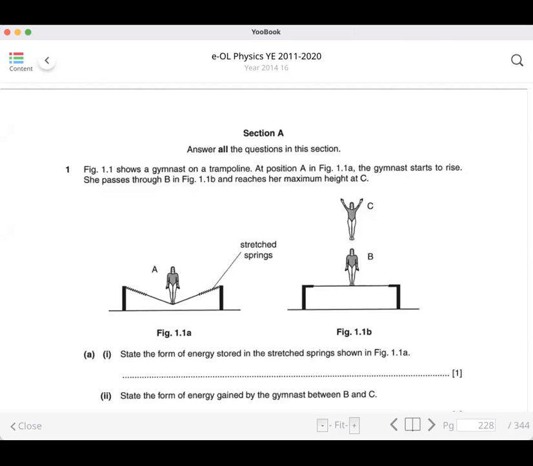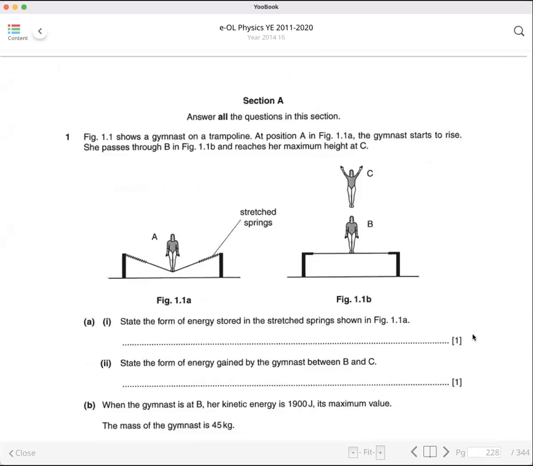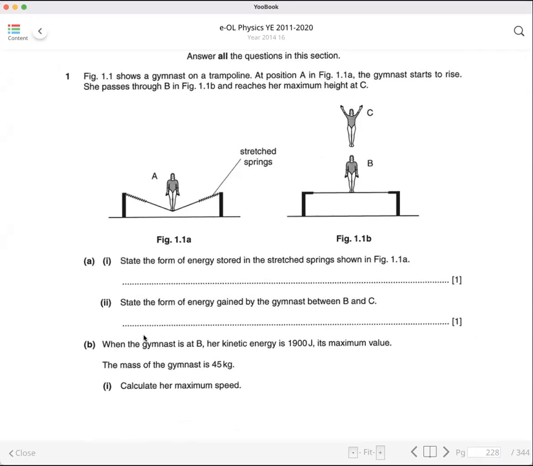Okay, quickly look at this paper. Can you quickly tell me A1, A2, and then B1? Okay, quickly do the question now.